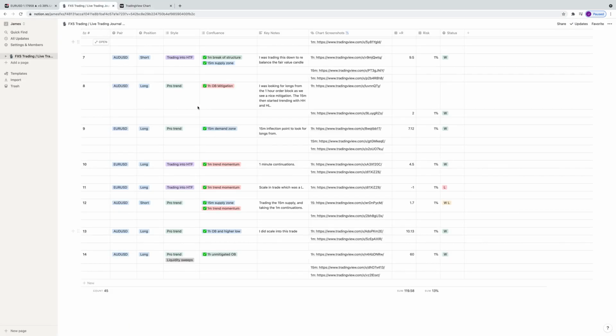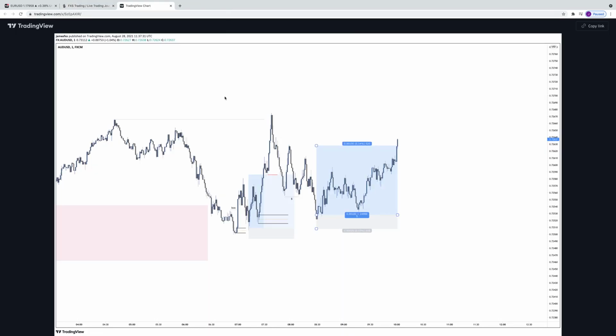Okay, so back to Notion, we can go on to the 1-minute time frame, and you can see price come into that higher time frame demand. So that's the pink zone here. We come in, and then you can see a very clean entry, momentum to the upside.